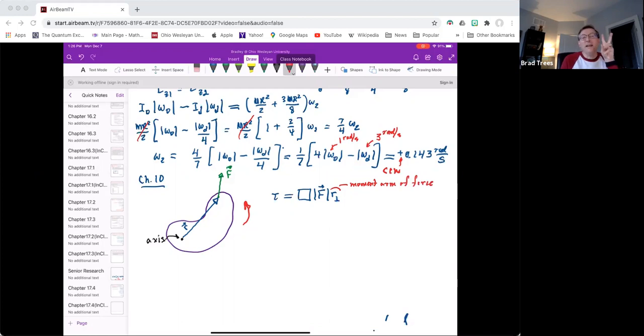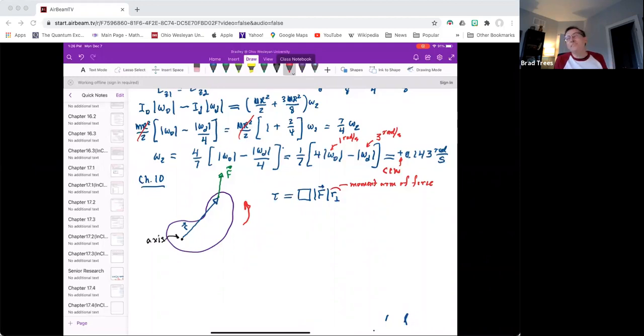Two things are equally important in calculating torque in a scenario like this. Neither is more important than the other: the magnitude of the applied force and the size of the moment arm. They just get multiplied together. And then the box out front is for the direction of the torque.